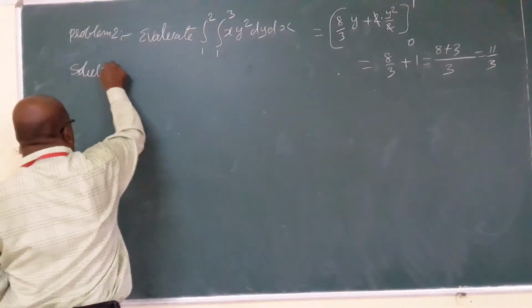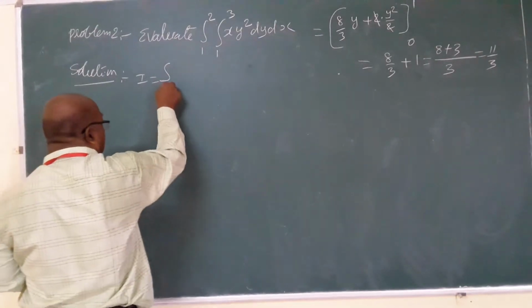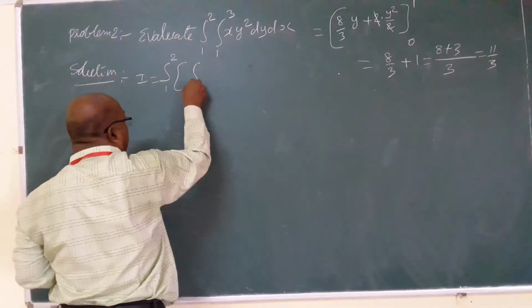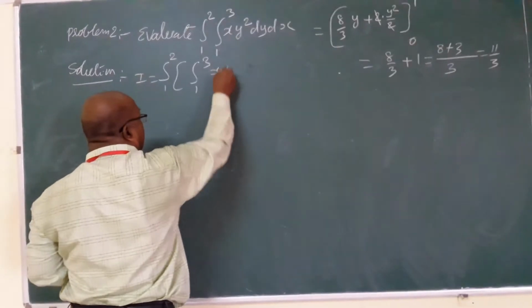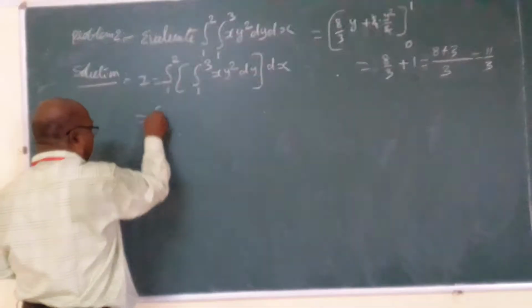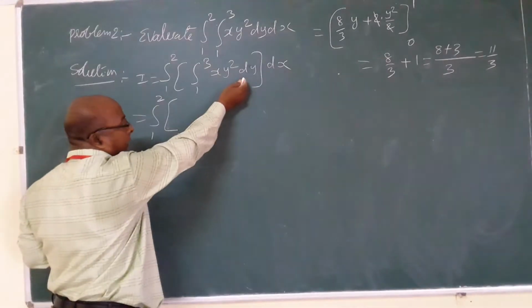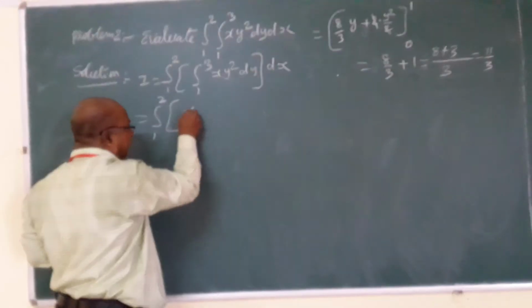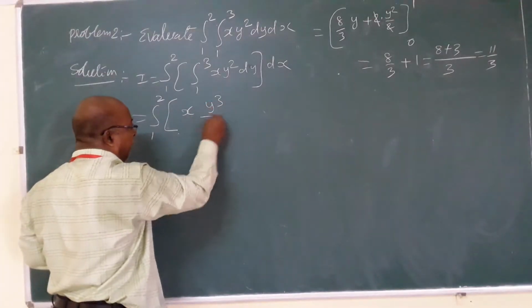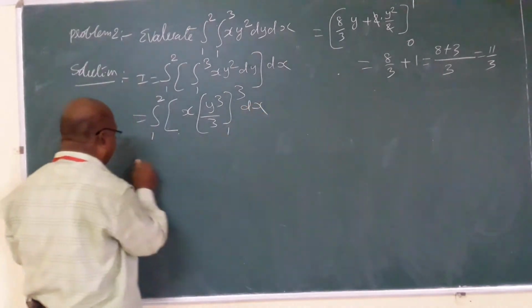Solution. I is equal to the integral 1 to 2, integral 1 to 3, x y square, dy dx. Integral with respect to y, x constant. This is y cubed by 3, from 1 to 3, dx.